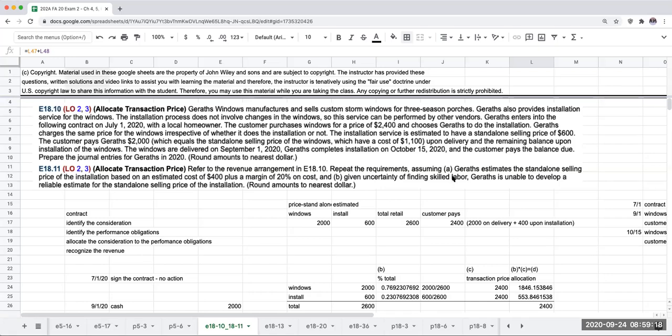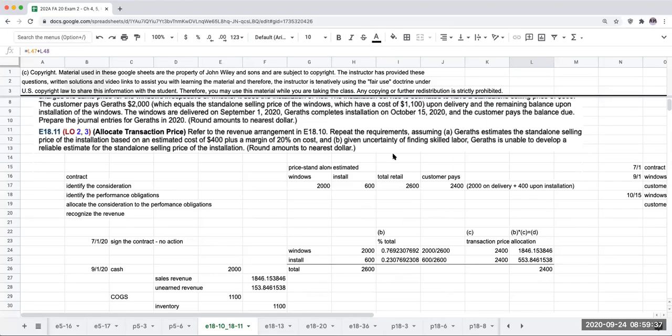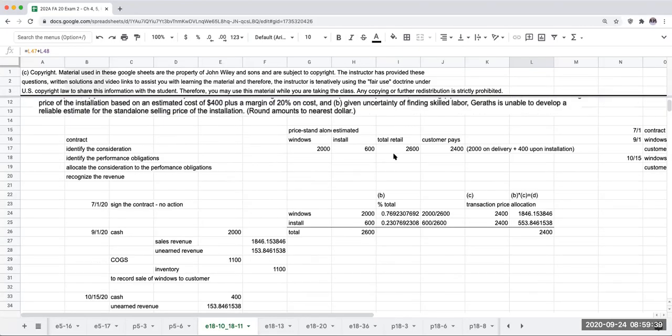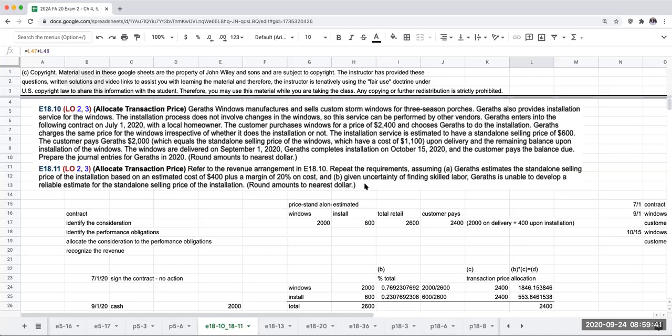So over here, and I'm going to pause really quickly. If I can't come up with an estimate for the amount of the skilled labor, then what I'm going to do over here is use what they call the residual approach.